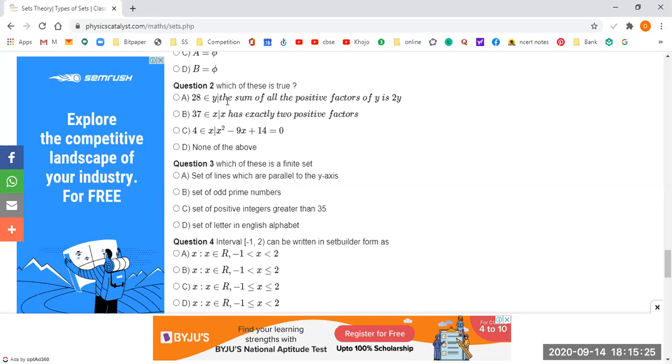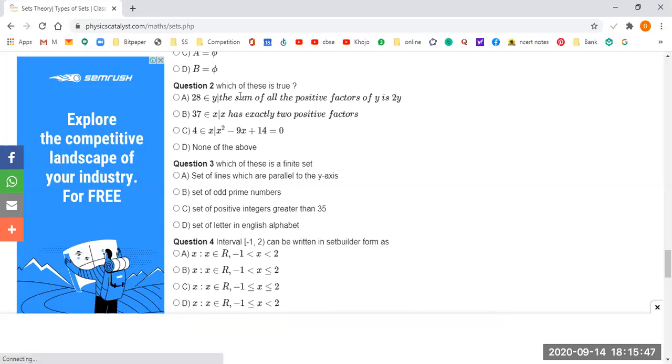It is not possible, like how can the sum be equal to 2y? Correct. If it had been 64 or something, if it had been a square, then 8 plus 8 is 16. If the sum had been like that, then it might have been correct, right?